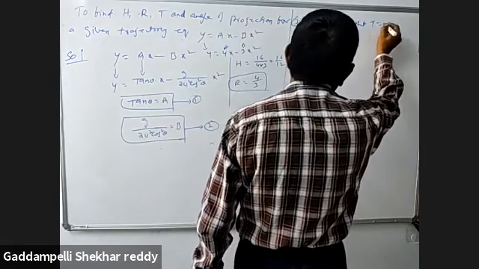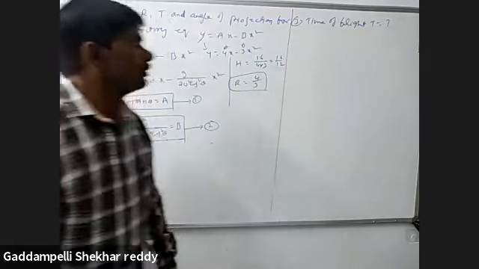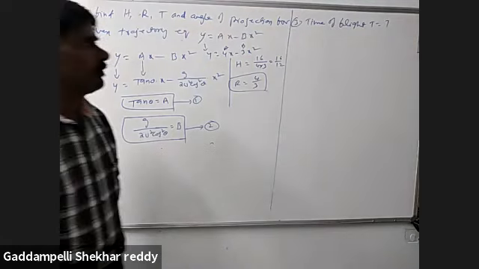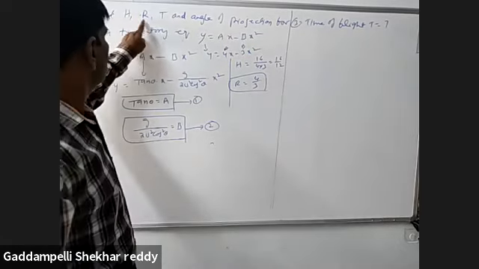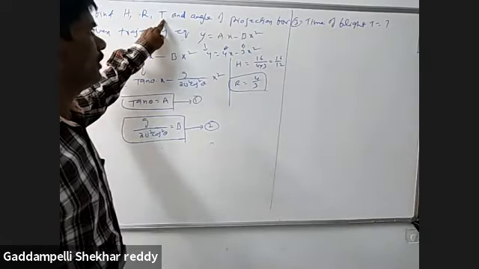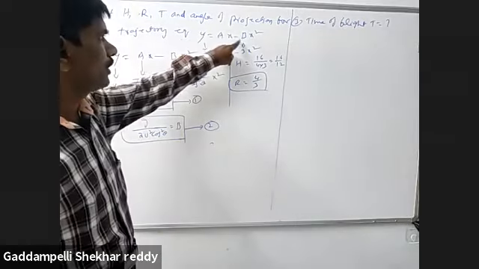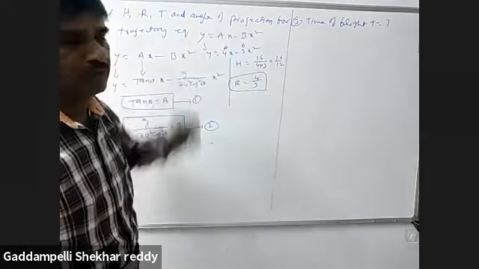T is equal to what? The first bit is completed, the second one is completed, and the third one is the time of flight, from the given projectile equation y is equal to ax minus bx square.